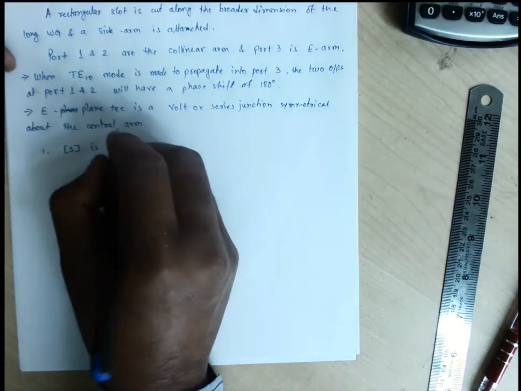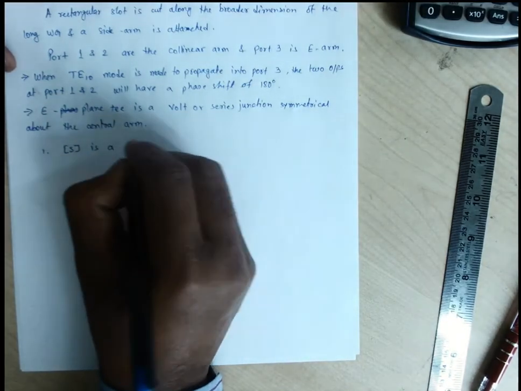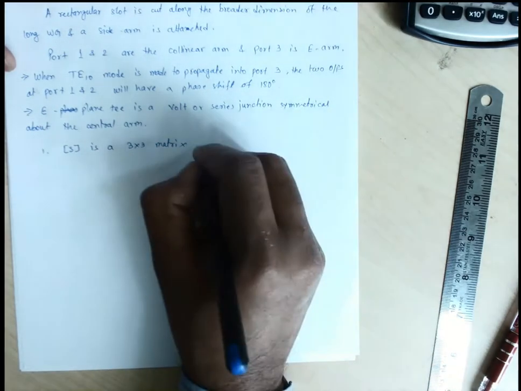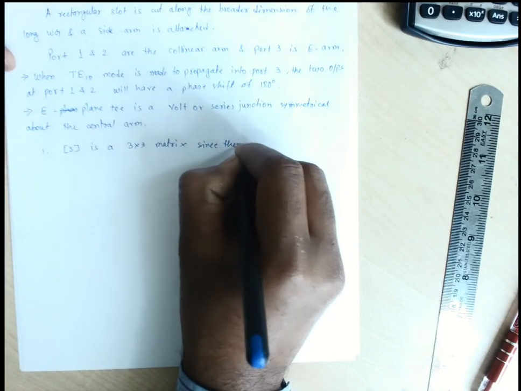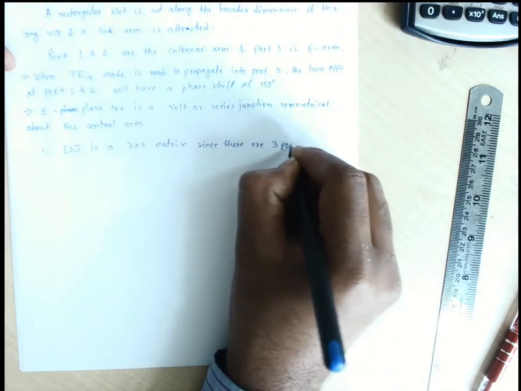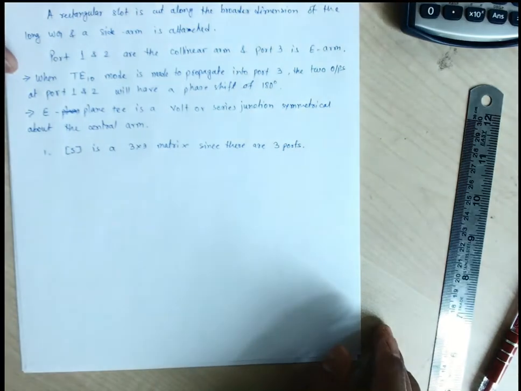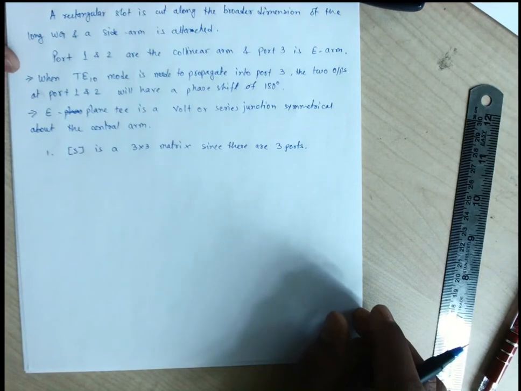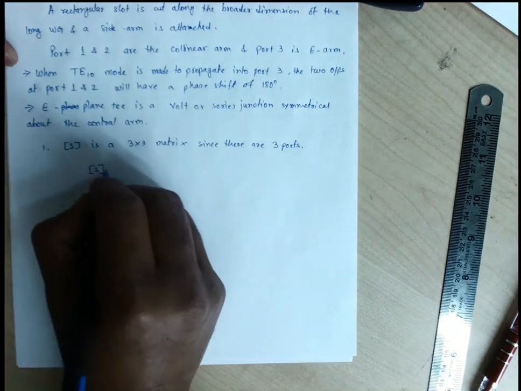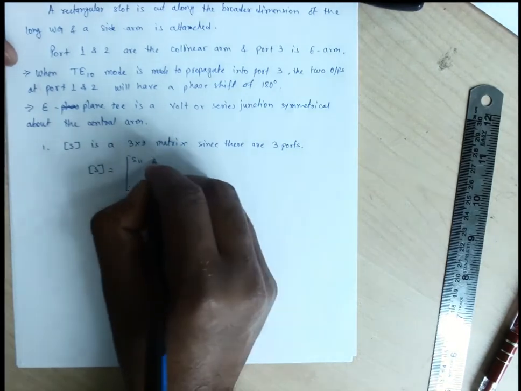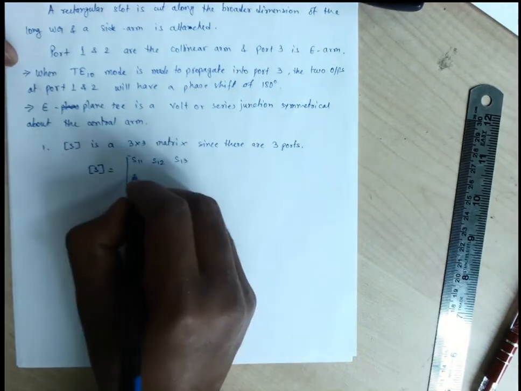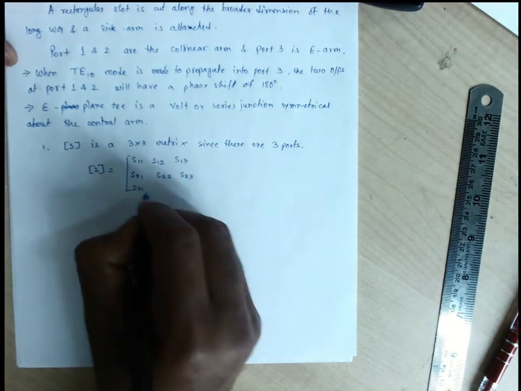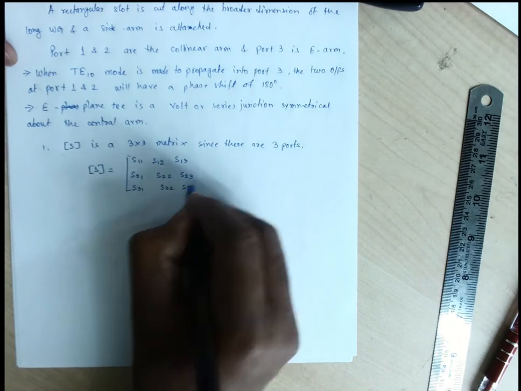S is a 3 by 3 matrix, since there are 3 ports. So what will be this S matrix? S11, S12, S13, S21, S22, S23, S31, S32, S33.